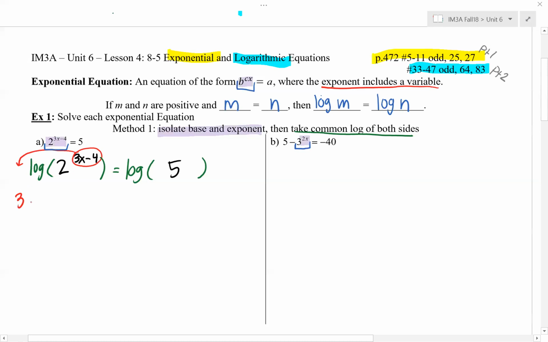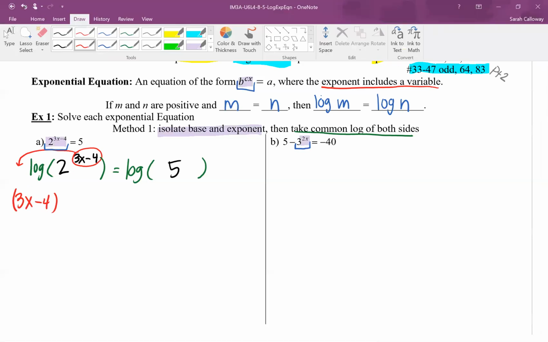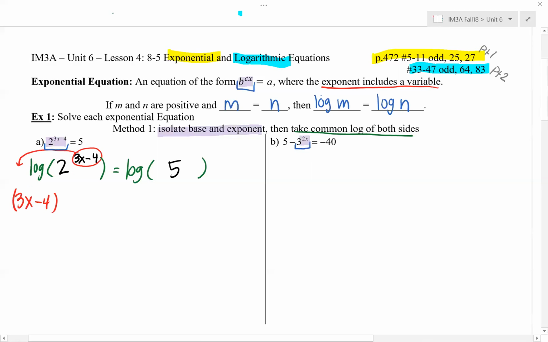So we've got 3x minus 4, which was our exponent, and that is times now just log of 2, equal to just log of 5. So we took the log of both sides so that we can move the exponent to the front of our log. Now that that variable is a regular number, not a power anymore, we can start to solve for it.